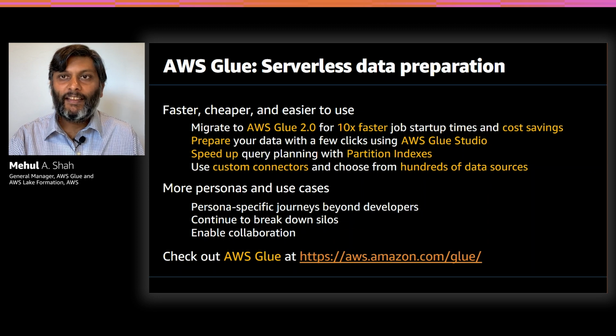We've shown you new features to speed up your analytics using Glue. And now we're going to release Glue custom connectors that allow you to access hundreds of data sources with Glue. Glue now supports multiple personas and use cases with persona-specific journeys that go beyond developers to let you continue to break down silos and enable collaboration in your organization.